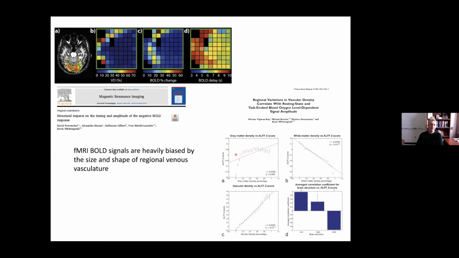So whether we were looking at two brain areas in one subject or the same brain area in two subjects, once you correct for the size of the blood vessel and its proximity to your site of activation, we found that a lot of our differences disappeared by simply correcting for the vasculature. And it didn't matter if we were looking at task-based fMRI or resting state fMRI. We found that the amplitude of the BOLD signal could in fact be predicted by simply looking at the SWI image, the venous image of the subject.